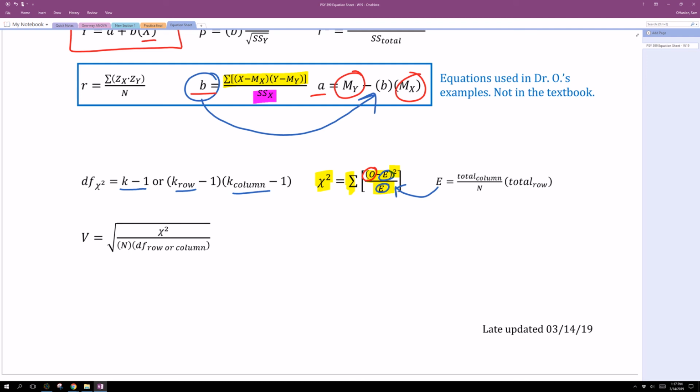Okay, so if you have a table that's got 1, 2, A, B, C, right? Your number of rows is 2 minus 1, that's 1. Your number of columns is 3 minus 1, that's 2. So 1 times 2 equals 2, and that's your degrees of freedom.